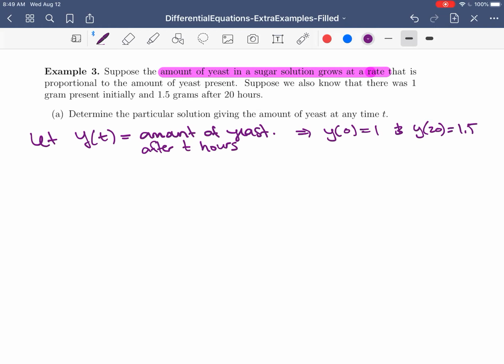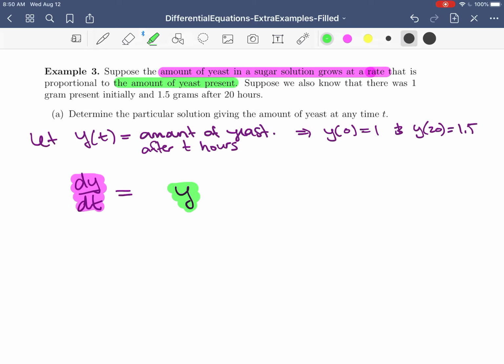Okay, so if y(t) is the amount of yeast in there, then its rate is going to be dy/dt. Okay, so this is the pink bit. Okay, and then it's proportional to the amount of yeast present. Okay, so that's actually y(t). So I'm just going to write it as y.